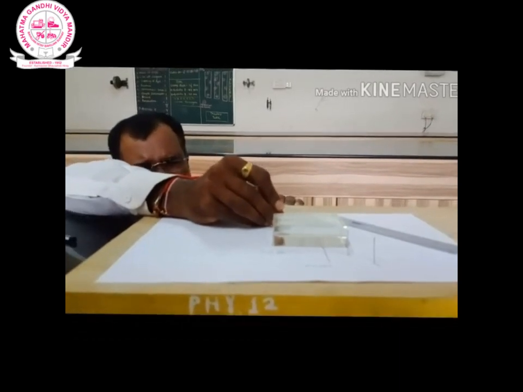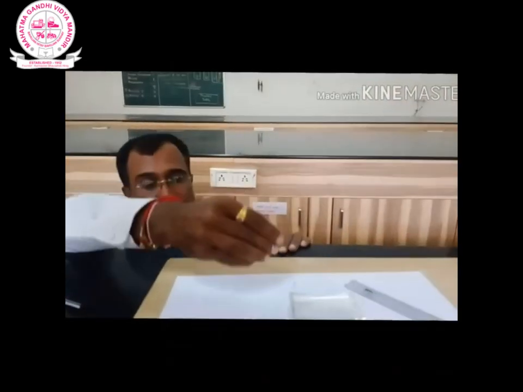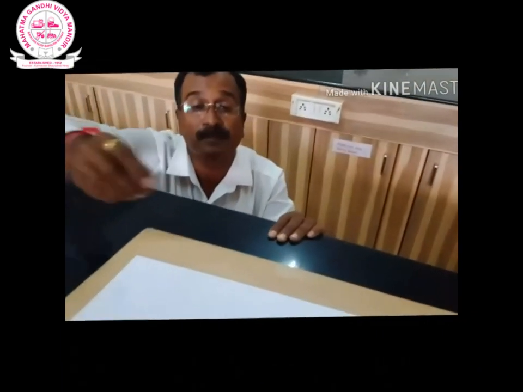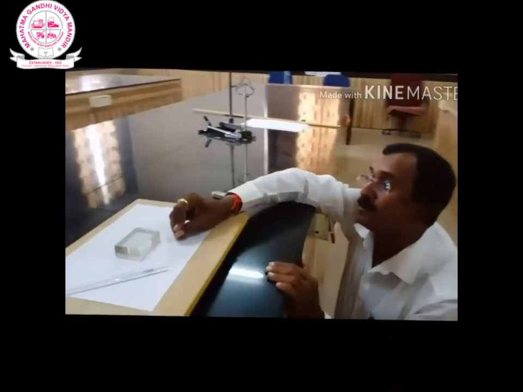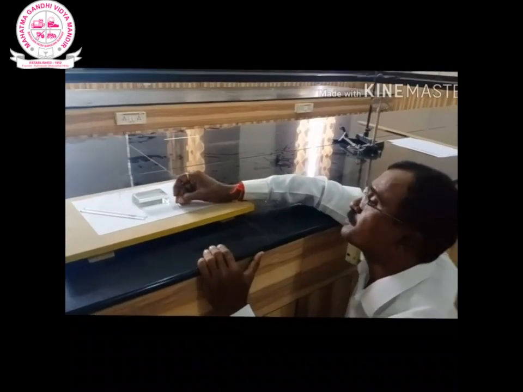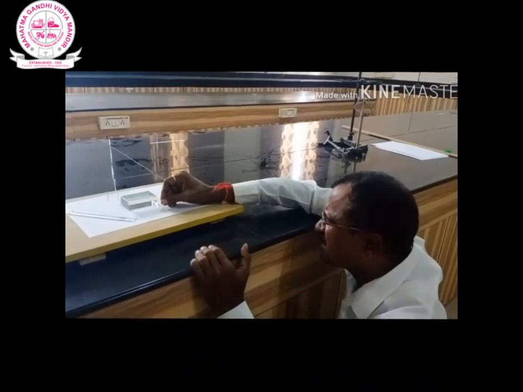Now in this case, the ray of light is deviated from the direction of the pins. Now be careful such way that these four pins must be in same line.